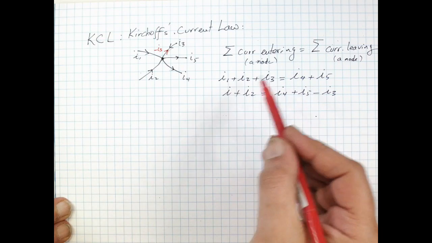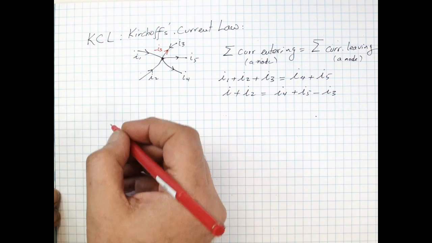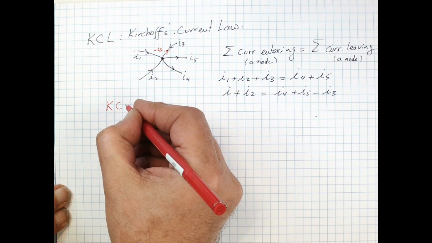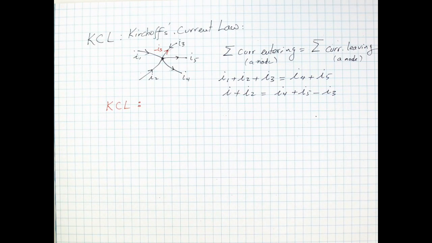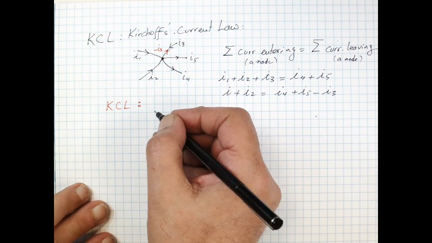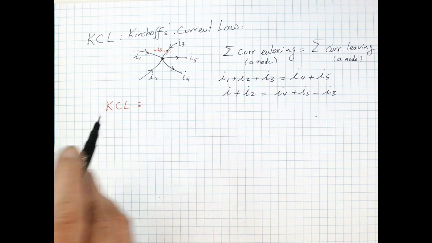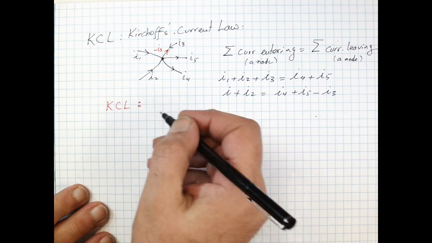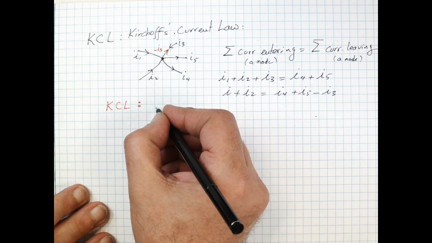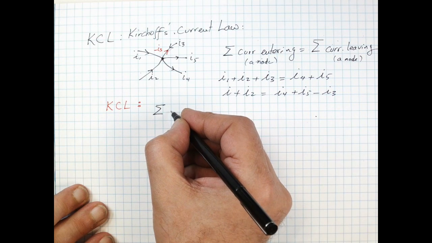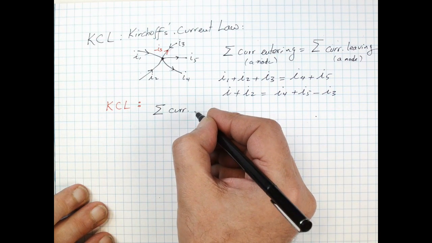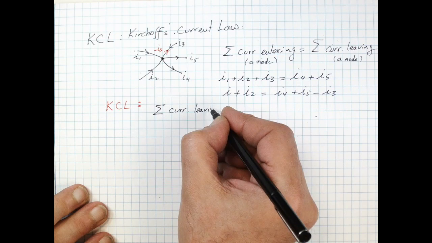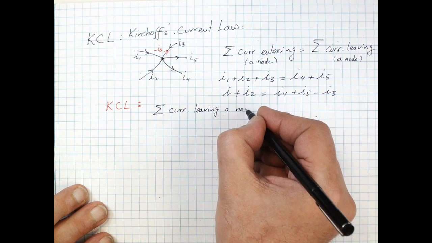Because we can do that, we can state KCL in an alternate form, and this is the form we're going to be using. Another way to state KCL, assuming that we can assign arbitrary directions to the flow of current, is: the sum of the currents leaving a node is equal to 0.